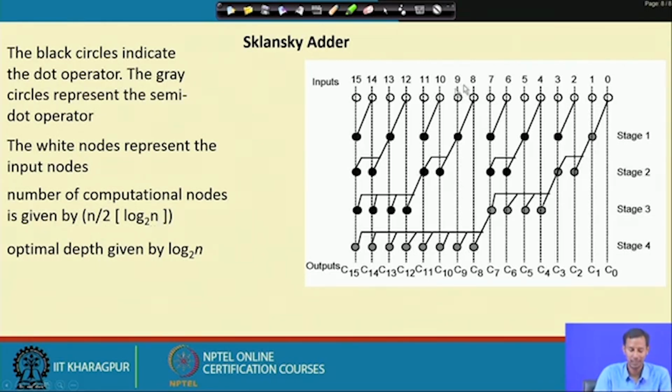If n is 16, then here it is 8 and for this it is 4. So, the total number of computational nodes will be 32, and the optimal depth will be log 2 base n, that means for 16 it is 4.